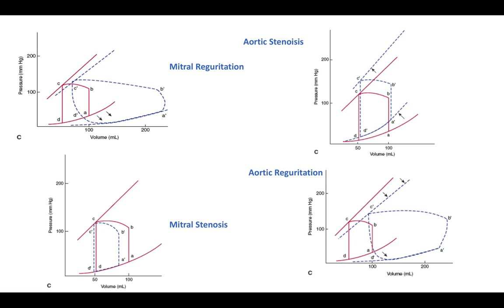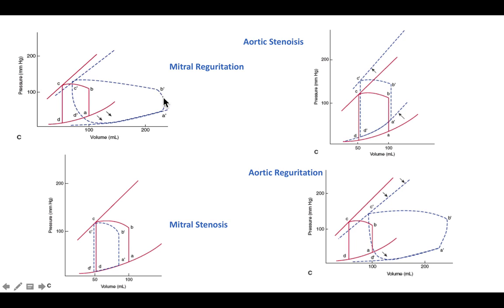And you know in this case that it's the mitral valve, because as the pressure in the ventricle rises, and certainly it exceeds the atrial pressure as you ordinarily do at A, the mitral valve closes as you exceed atrial pressure. So as you exceed atrial pressure, you lose volume. And so from A to B, you've actually lost volume in this loop.